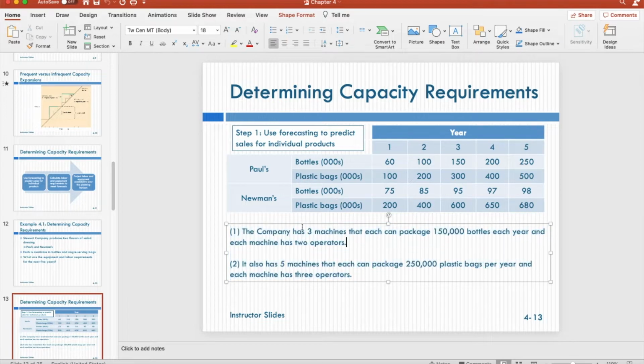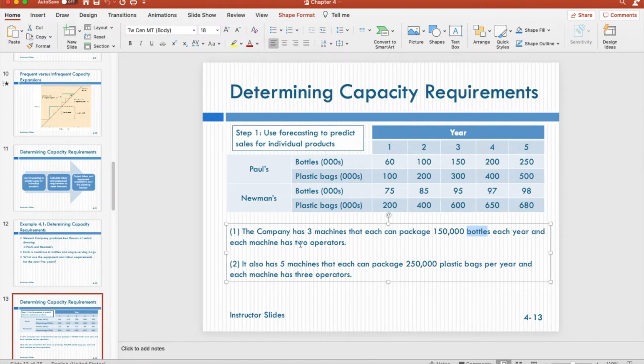First of all, the company has three machines. Each of them can be used to package 150,000 bottles. Basically we can view it as a bottle machine, so we have three bottle machines, and each of them can package 150,000 each year.